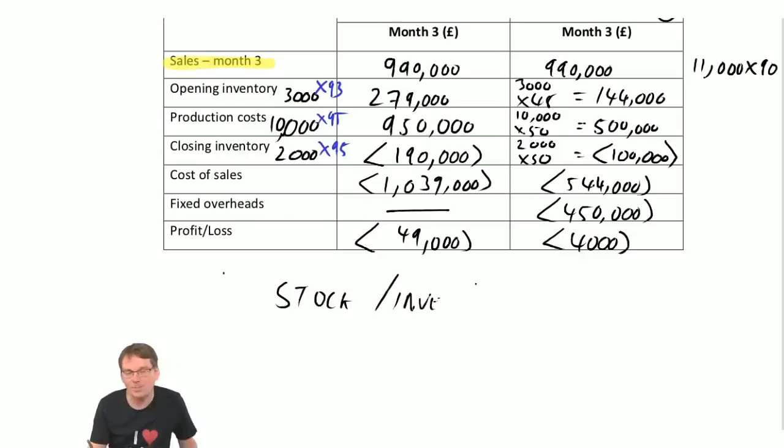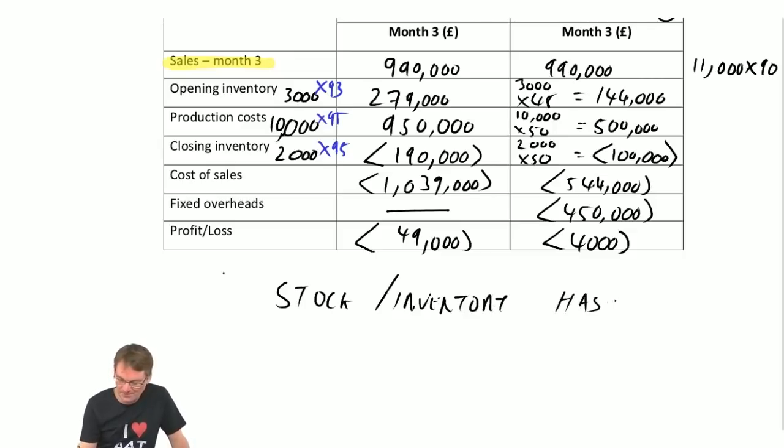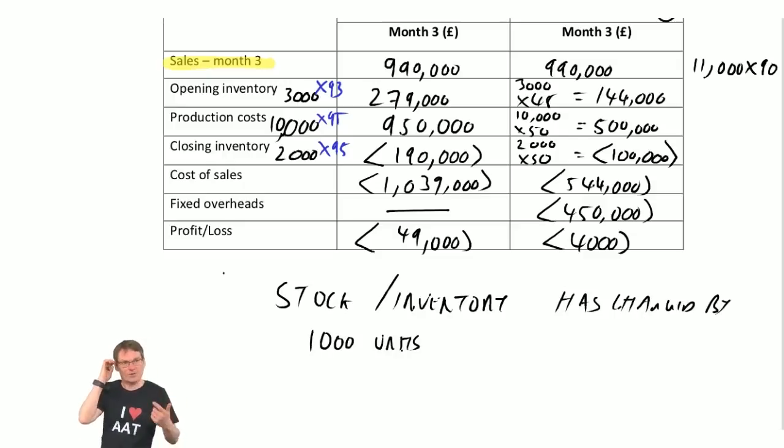Again, very roughly, the reason why these are different is because inventory, I'm old school, I still call it stock, so inventory has changed by 1,000 units. It's gone from 3,000 units in the opening to 2,000 units at the close. It's changed by 1,000.